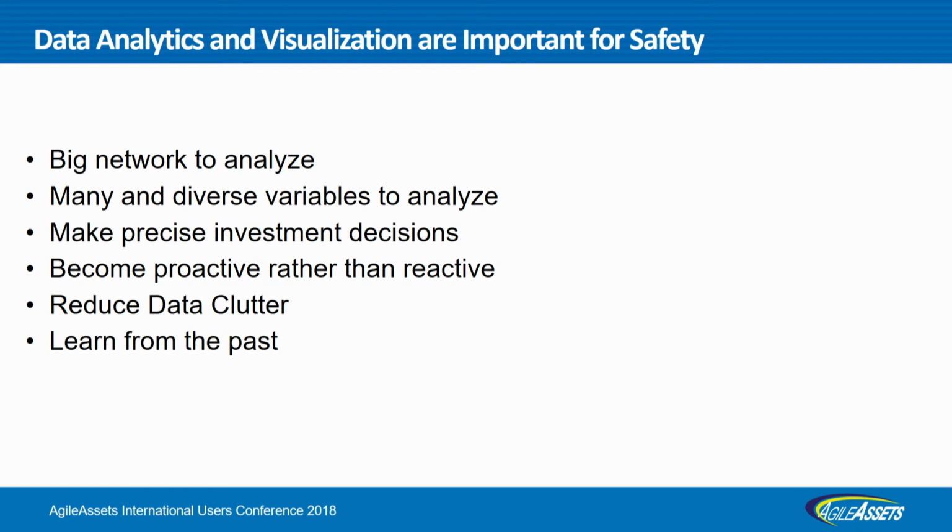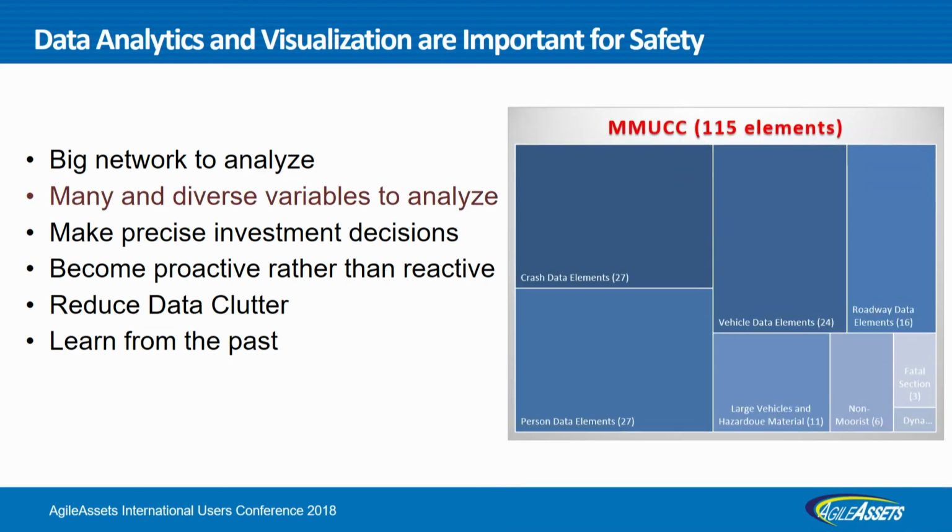So we definitely need a way to identify the locations where we can spend the money to get the best benefit. For that, analytics is so important. The second thing is we have a big and diverse network to analyze, and big and diverse variables to analyze. And what are those variables? We have a guide from Federal Highway, MMUCC, the Model Minimum Uniform Crash Criteria.